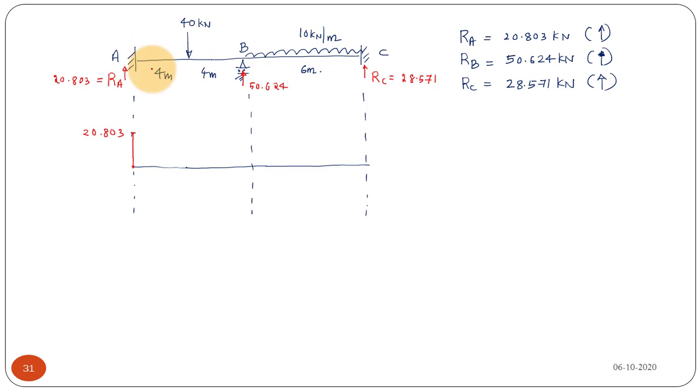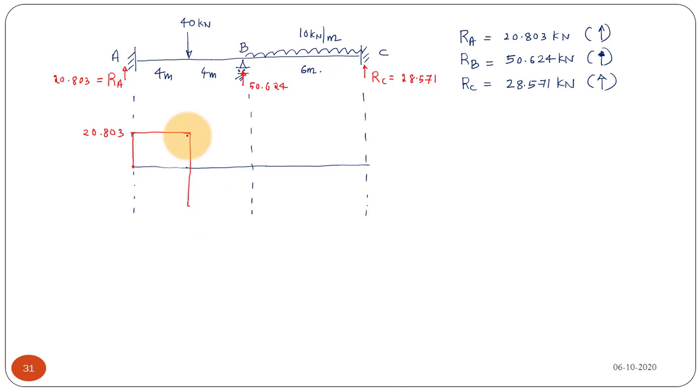And now you see, from here up to here there is a load acting on the beam. So whenever there is a load on the beam, your shear force diagram will be just constant. Now I have 40 kilonewton load acting in the downward direction, so we have to go along with the direction of the load. You go 40 in the downward direction.